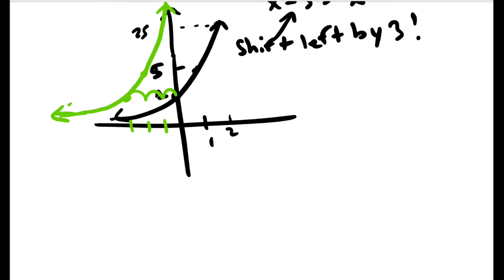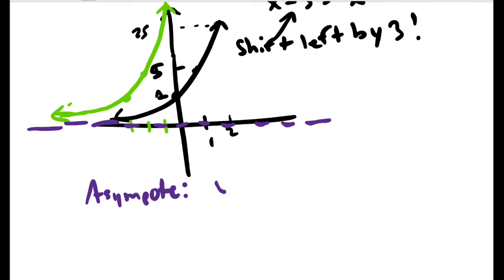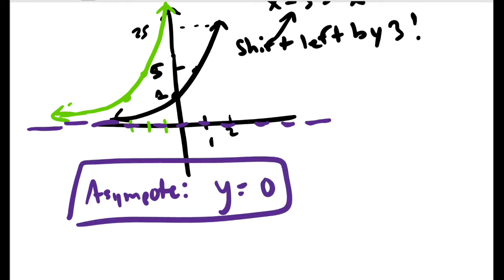So now I'm going to go ahead and erase the jumps, and there's my new graph. So now everything is shifted to the left 3, but the asymptote is still the same, right? The asymptote actually doesn't change. So the asymptote is still going to be y equals 0.